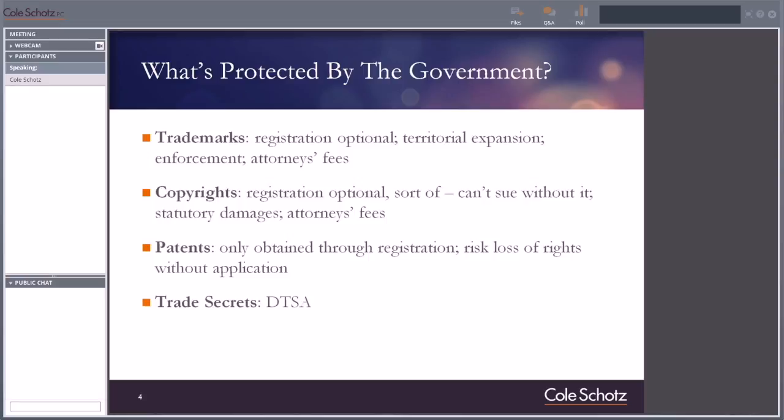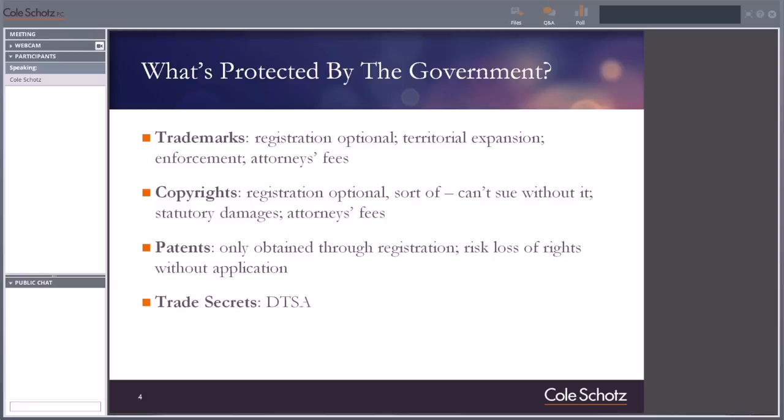With respect to copyrights, again, you have a registration optional type of structure. And we say sort of because you can't sue anywhere without it. Whereas with trademarks, without a federal registration, you can still bring an action. With copyrights, you're not going to be able to sue for infringement if you haven't already registered.